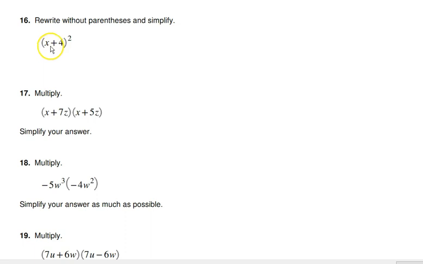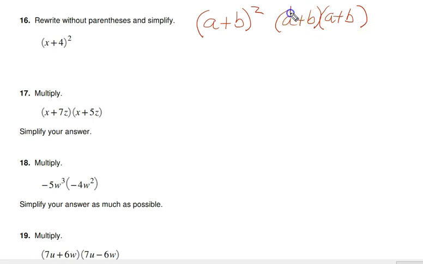Now, we are asked to multiply this binomial, that is, square a binomial, and we did give you a special technique, and let's just review. A plus B, quantity squared. Well, we said this can be done in 2 ways. It could be done by writing it twice, and then foiling.